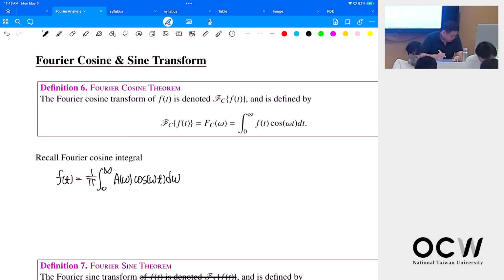Similarly, then how do I find the coefficient? Times the basis. So times the basis, the function f times the basis cosine. So f times cosine.